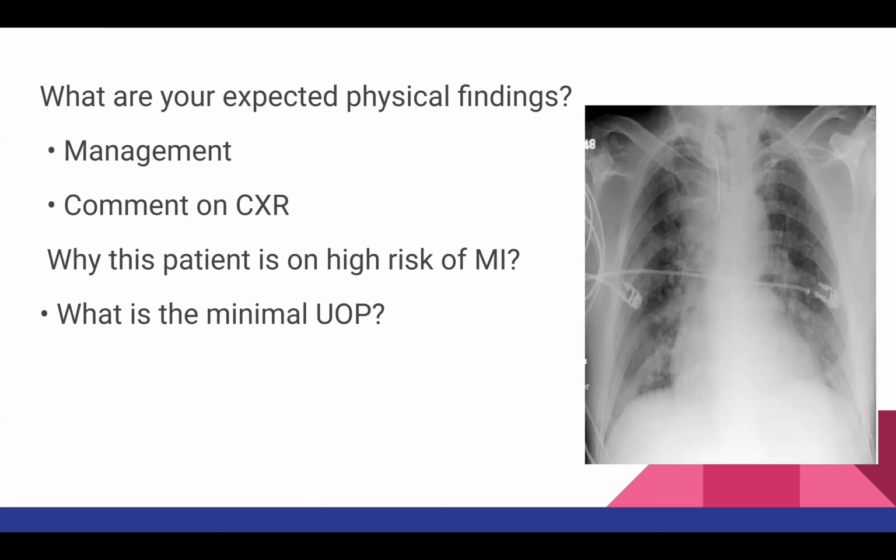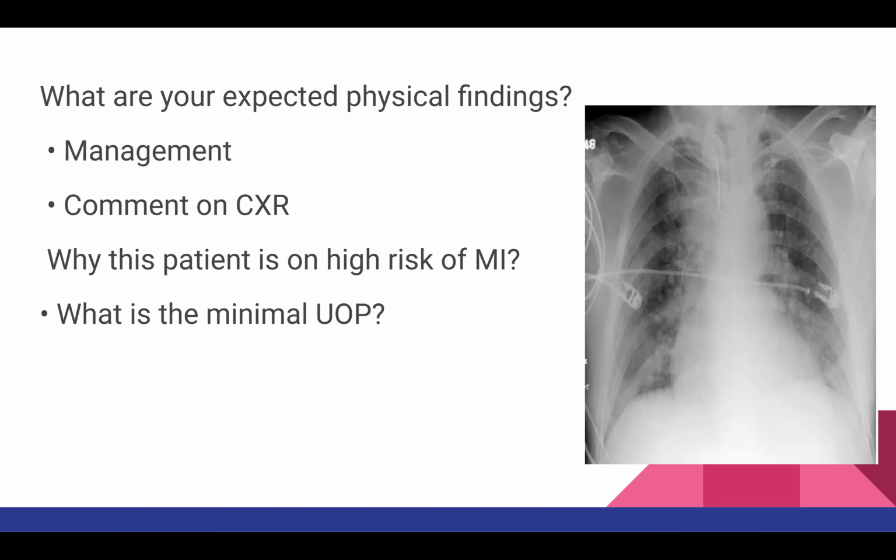I will call the ITU to shift the patient to the ITU. I will also train the junior staff so that such incidents do not happen again, and I will report it to the incident reporting system. Initially, I will do some investigations. I will take an ABG from the patient.